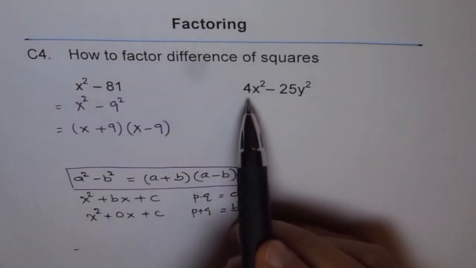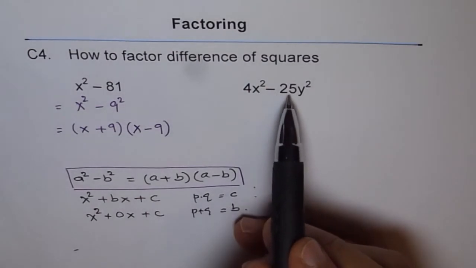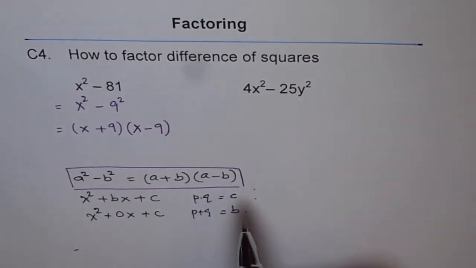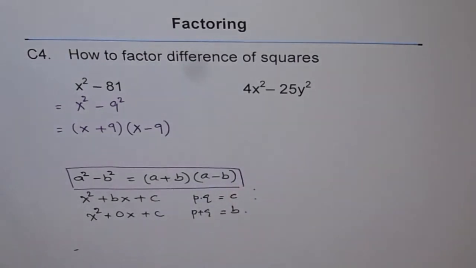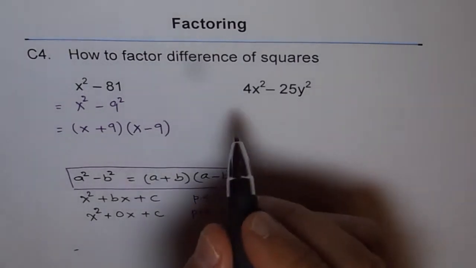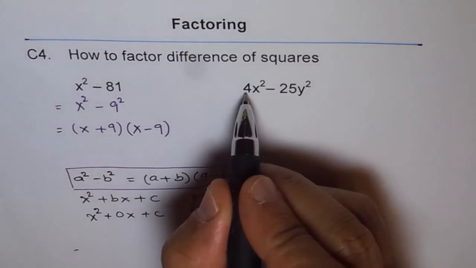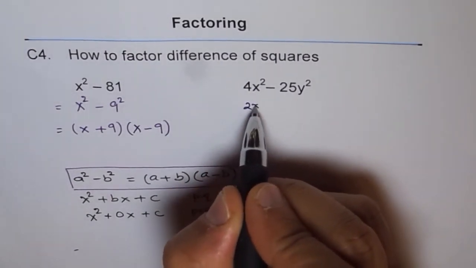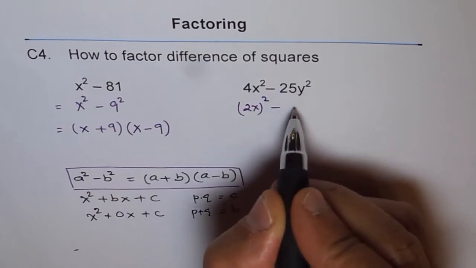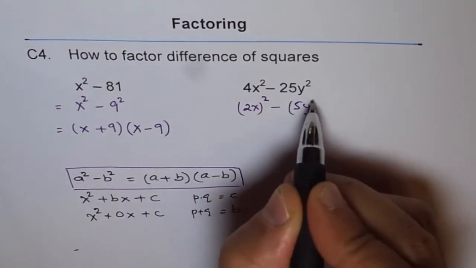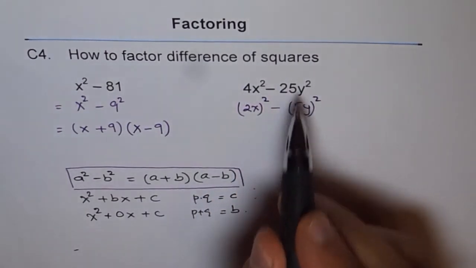How will you go about 4x square minus 25y square? Sometimes students struggle in doing this kind of an operation. Well, think like this. 4x square is like 2x whole square, right? And 5y whole square will give me 25y square.